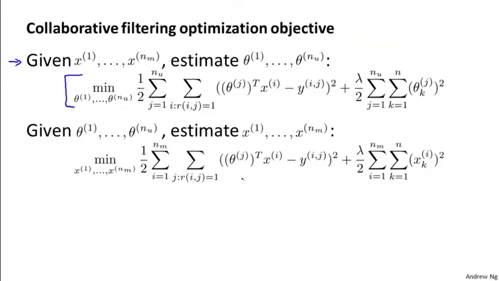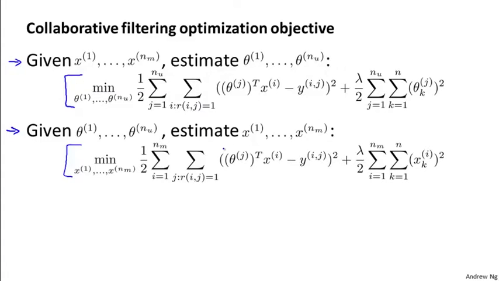And then we also worked out that if you are given the parameters theta, you can use that to estimate the features x, and you can do that by solving this minimization problem. So one thing you could do is go back and forth, maybe randomly initialize the parameters and then solve for theta, solve for x, solve for theta, solve for x.